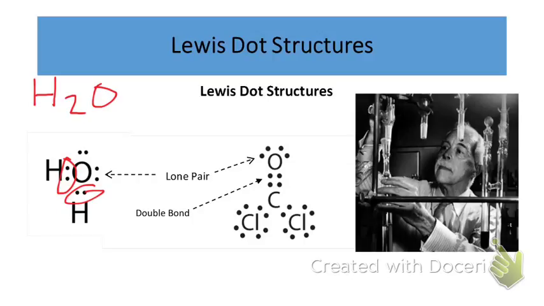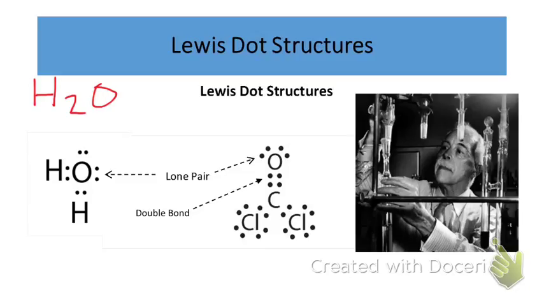And that is only done because we're forming a covalent bond between the hydrogen and the oxygen that allows for that sharing of those 2 electrons to have the full valence shell. So water looks good. And so this representation of water is the Lewis dot structure for water, and shows that the 2 hydrogens are connected to an oxygen, oxygen being the central atom, and it shows you that it has a couple of lone pairs and a couple of bonding pairs, or a couple of covalent bonds.